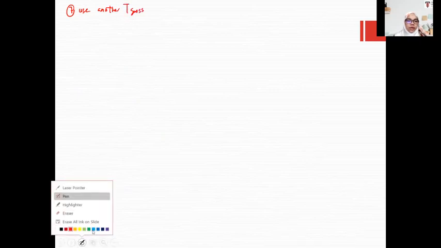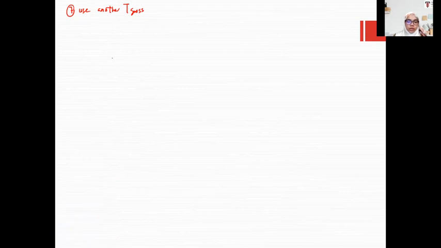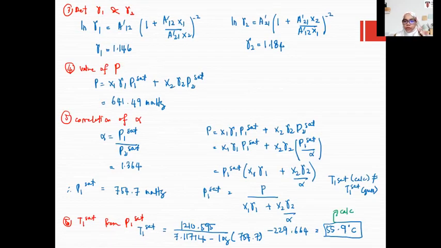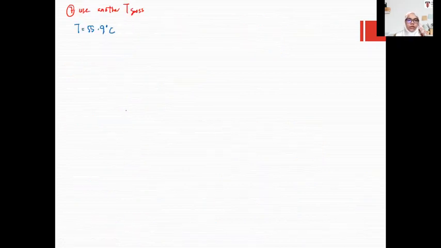Okay, the next, step 7, is to use another guess of T. In this, I am choosing T equal to 55.9 degrees Celsius, just using the value that I obtained to determine another P1 saturation.